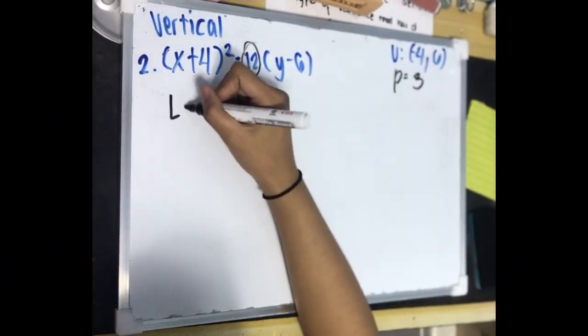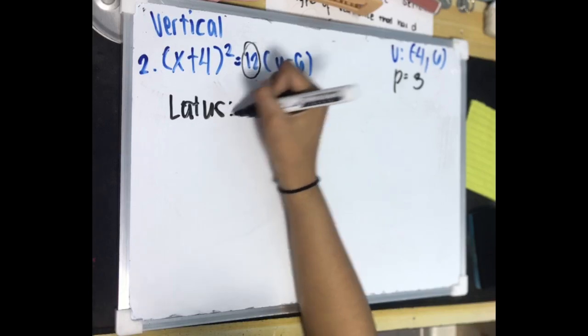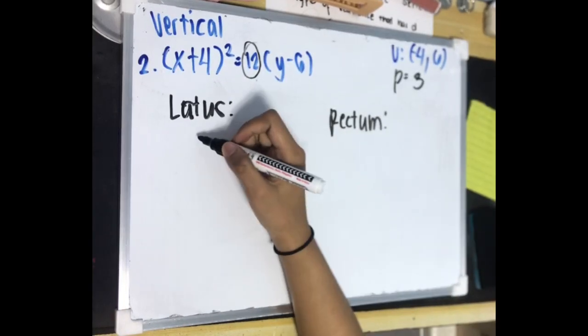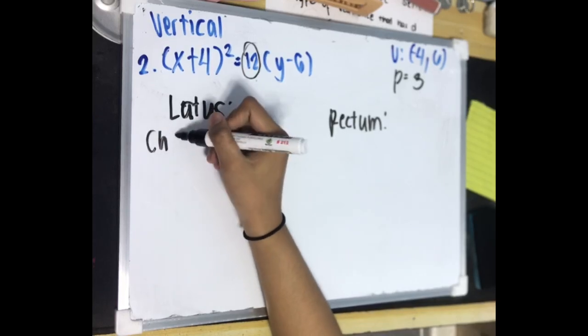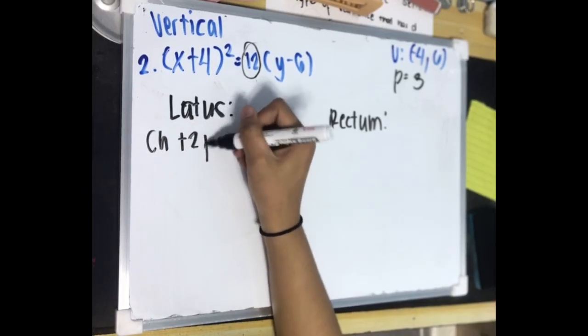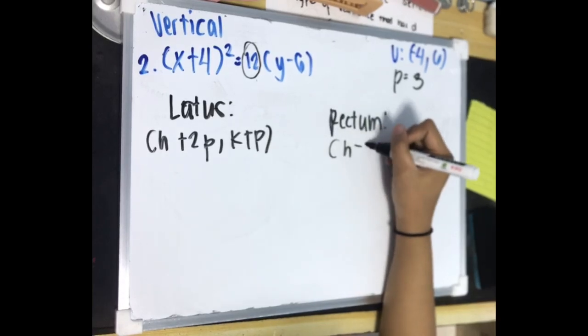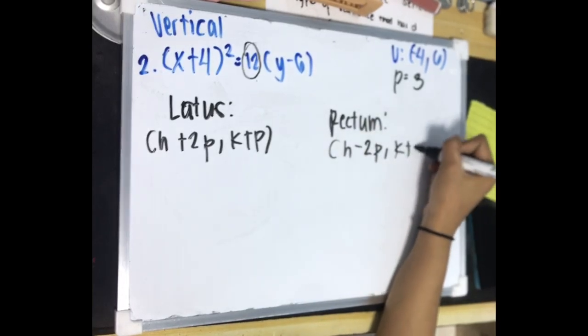To find the latus rectum endpoints, we will use the formula h plus 2p and k plus p, and here h minus 2p and k plus p.